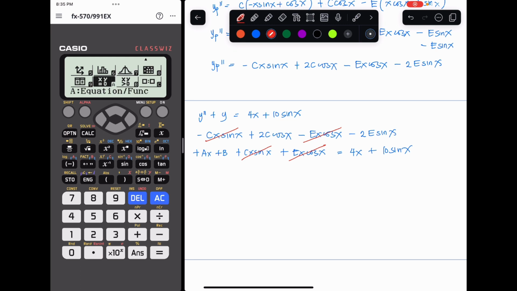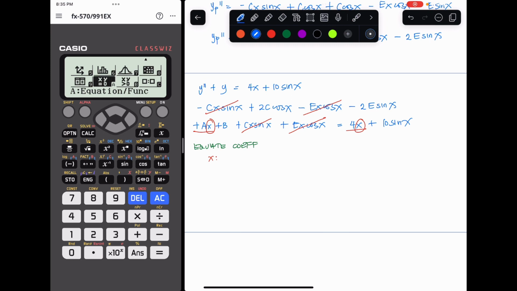So we can start equating. We'll start with those that involve x, so we have this one and 4x. Equating coefficients involving x, we have a is equals to 4.